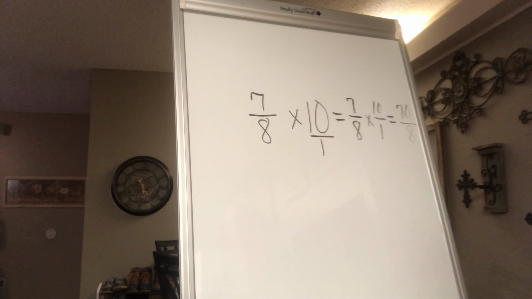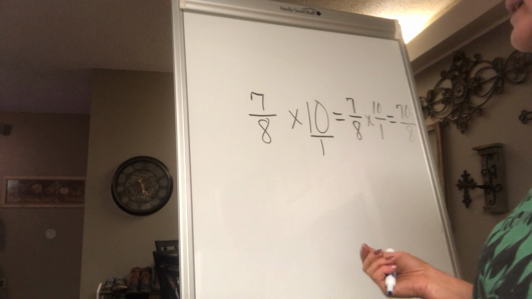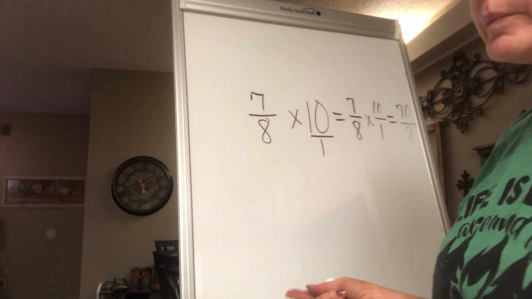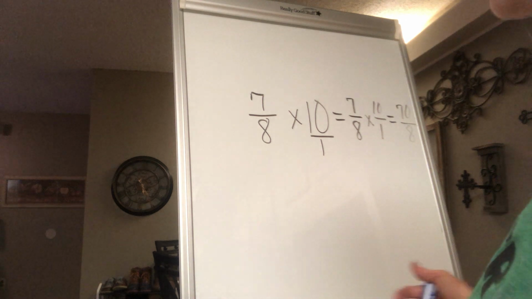And so I know I'm going to have a whole number part and possibly some leftovers. But that makes sense. I knew I was going to have something larger than 7/8. I knew I was going to have a whole number because I have that 7/8 10 times.